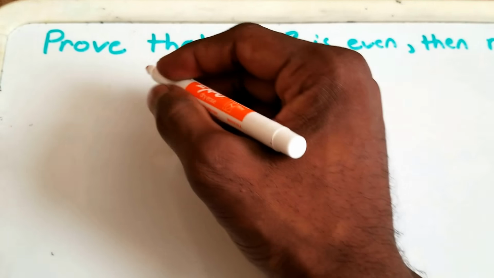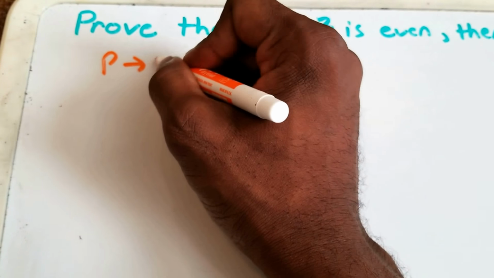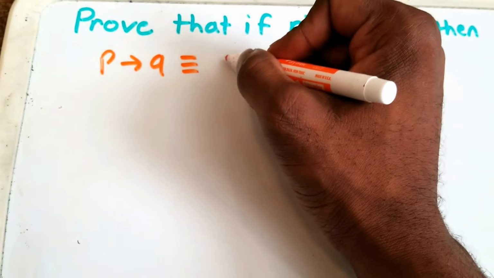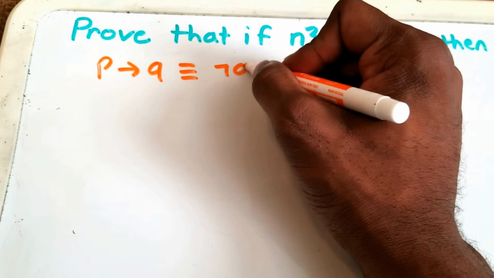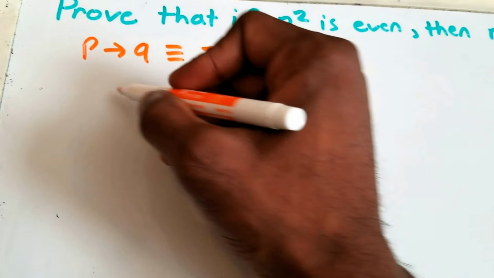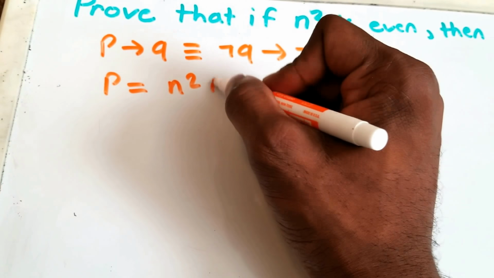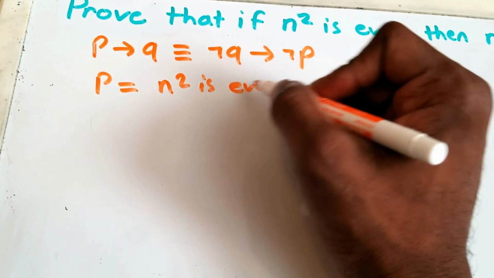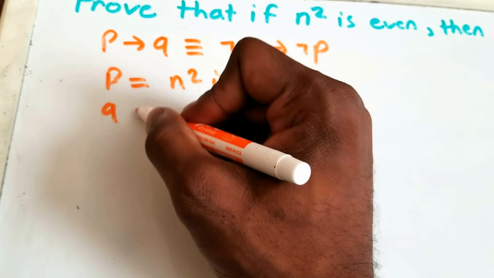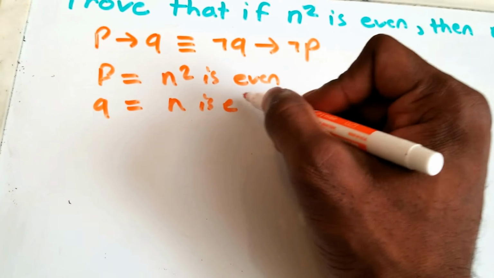And if you recall, a conditional proposition like P implies Q is logically equivalent to not Q implies not P. Our P in this case is saying that n squared is even, and our Q is saying that n is even.